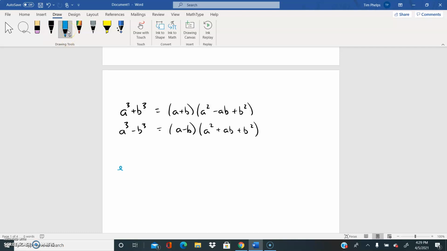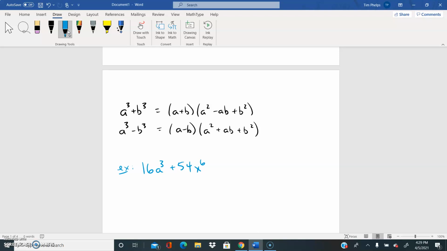So for example here, it could be something like 16a to the third plus 54x to the 6. First, there's nothing cubed here.